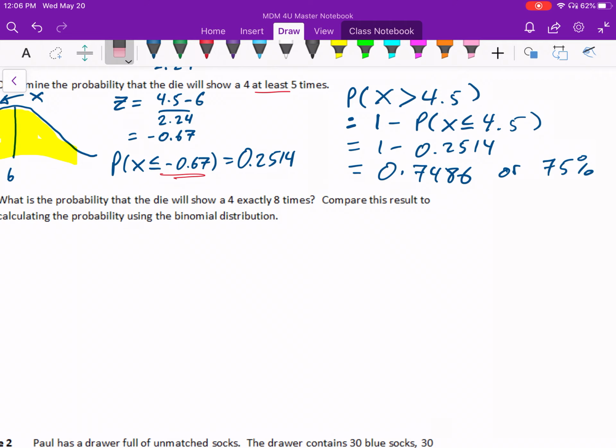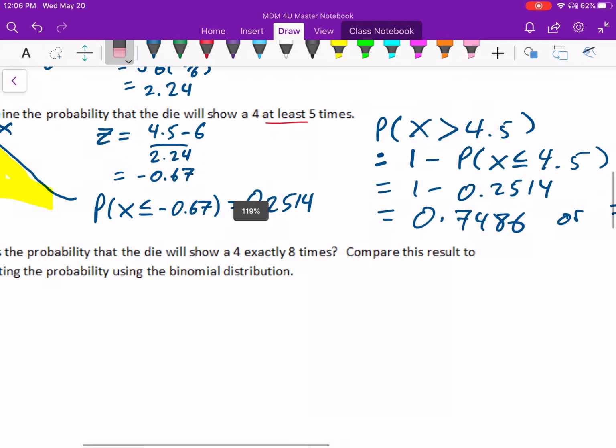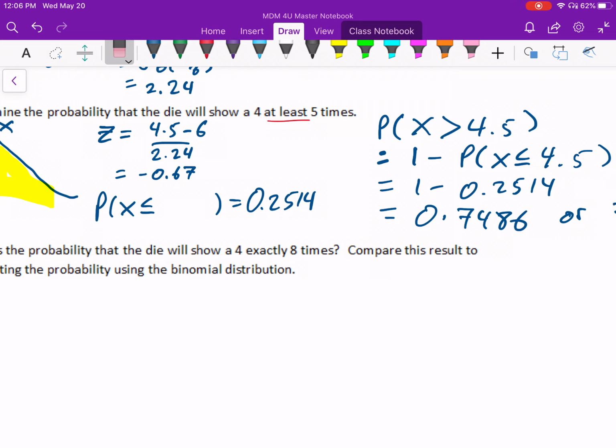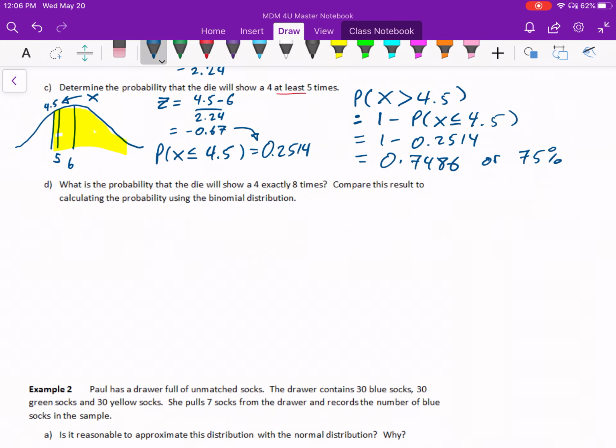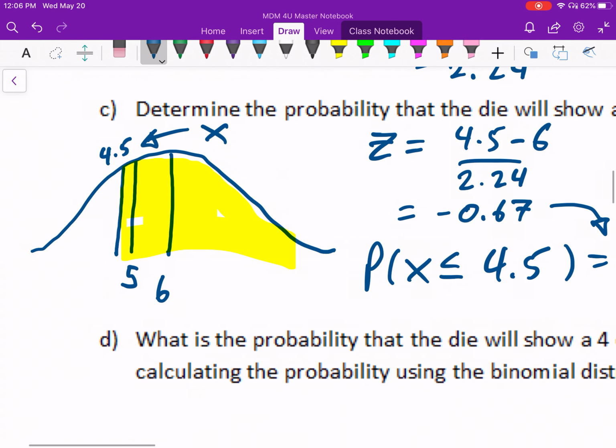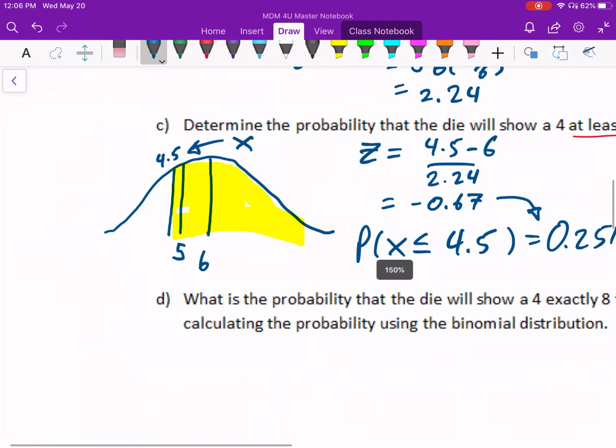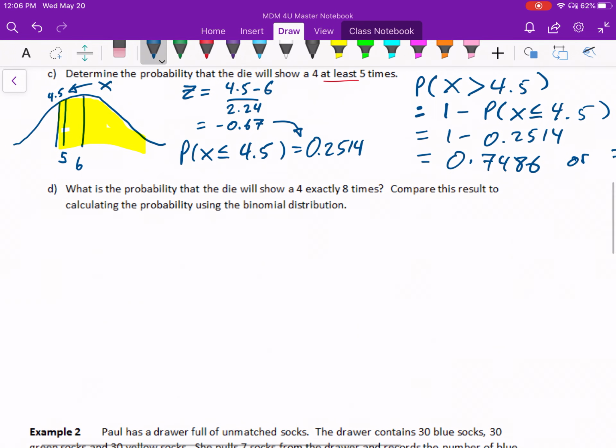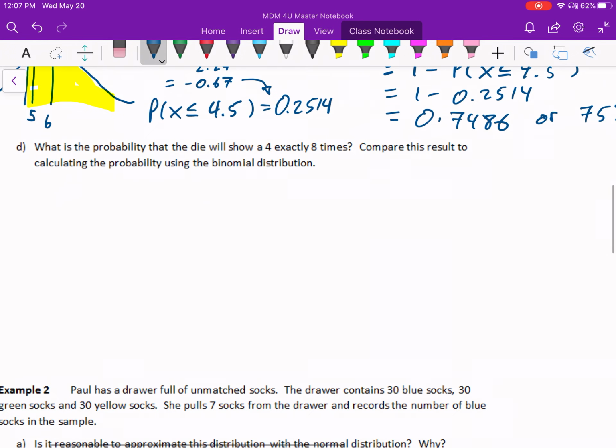So I'm going to fix that to avoid further confusion. We actually want the probability that x is less than or equal to 4.5, but that's associated with this z-score. It still remains that the probability of it being greater than 4.5 is 75%. And that fits our sketch. It looks like I've shaded in approximately 75% of my sketch. It's a rough sketch, but it matches up.